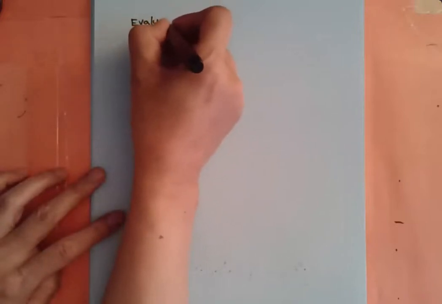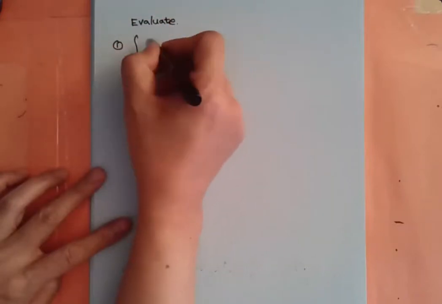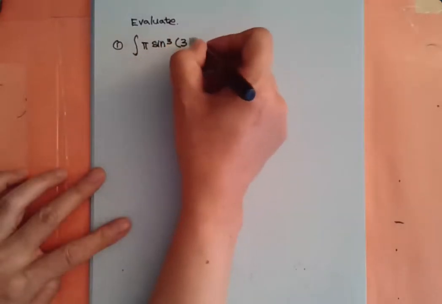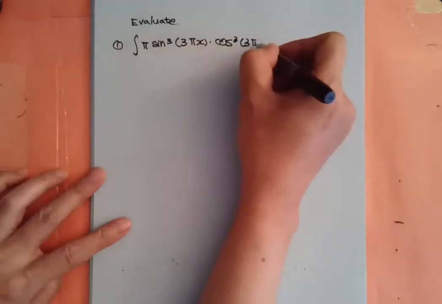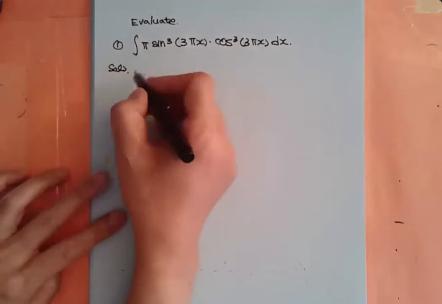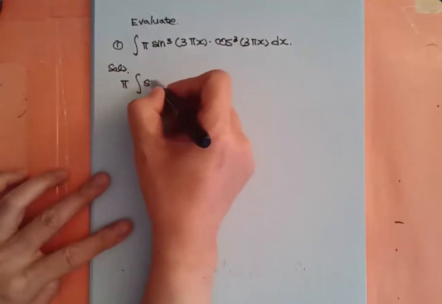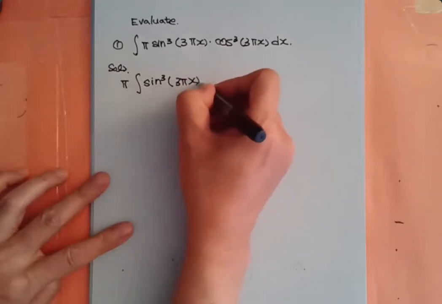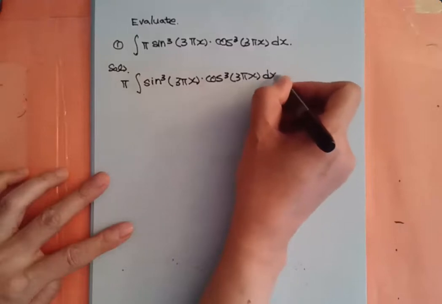Let's do the examples. We have to evaluate the integral of pi times sine cubed 3 pi x times cosine cubed 3 pi x dx. Then we can write pi in front of the integration. So pi times the integral of sine cubed 3 pi x times cosine cubed of 3 pi x dx.